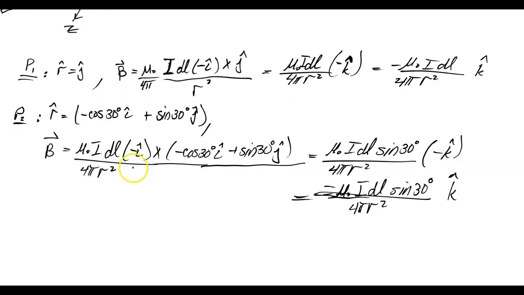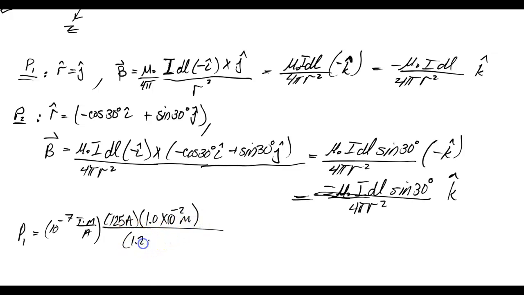Now if we plug in the values, at P1 we have mu naught over 4 pi, which is 10 to the minus 7th Tesla meter per amp, times the current, which is 125 amps, times the distance dl, which is 1.0 times 10 to the minus 2 meters, over 1.2 meters, quantity squared, equals B vector, all of this in the k hat direction.